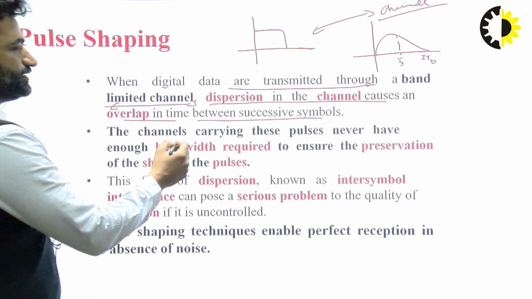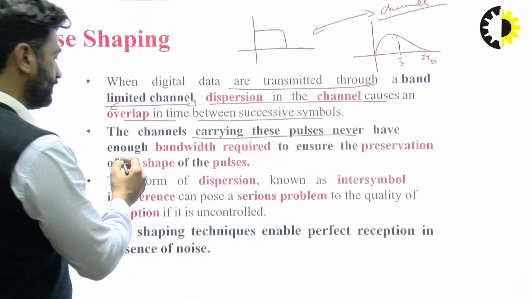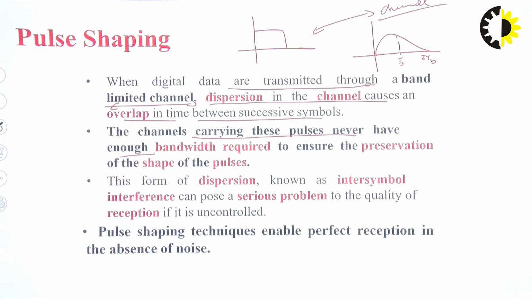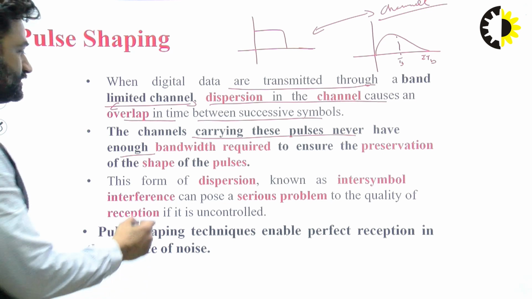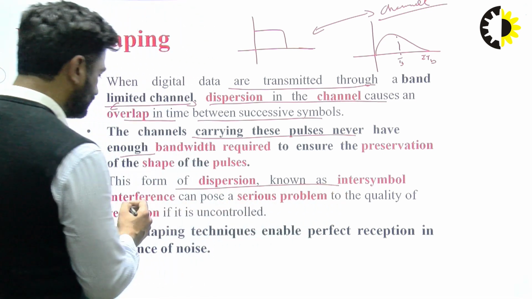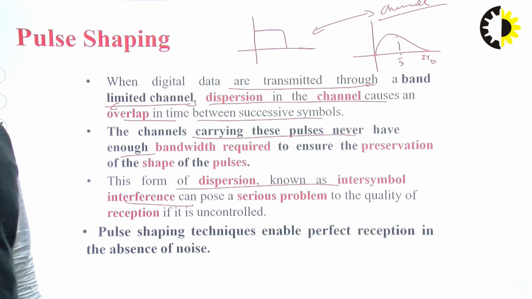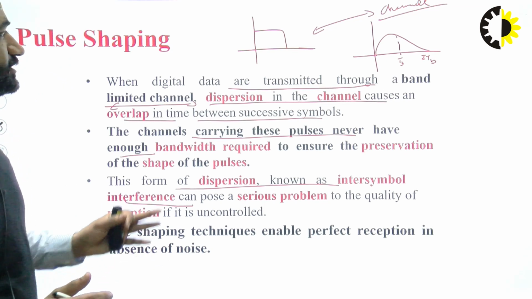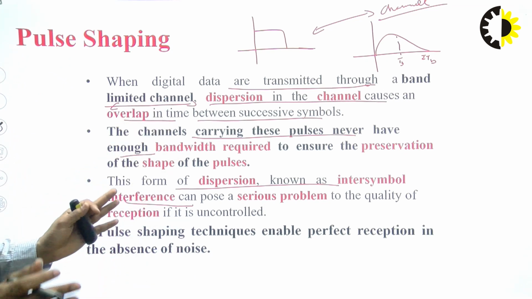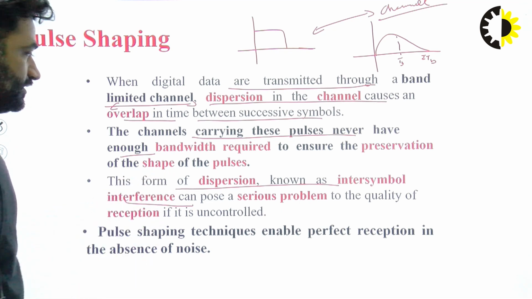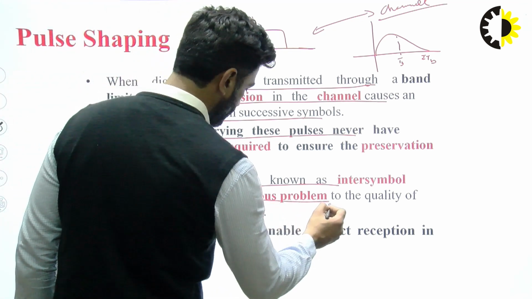The channel carrying these pulses never has enough bandwidth required to ensure the preservation of the shape of the pulse. This form of dispersion is known as inter-symbol interference. The symbols that we transmit through pulses will overlap due to the dispersion, that is a serious problem, and it should be controlled in pulse shaping.